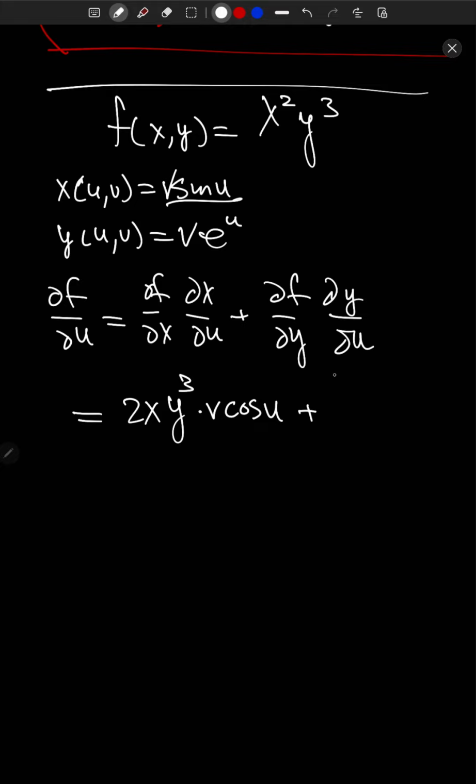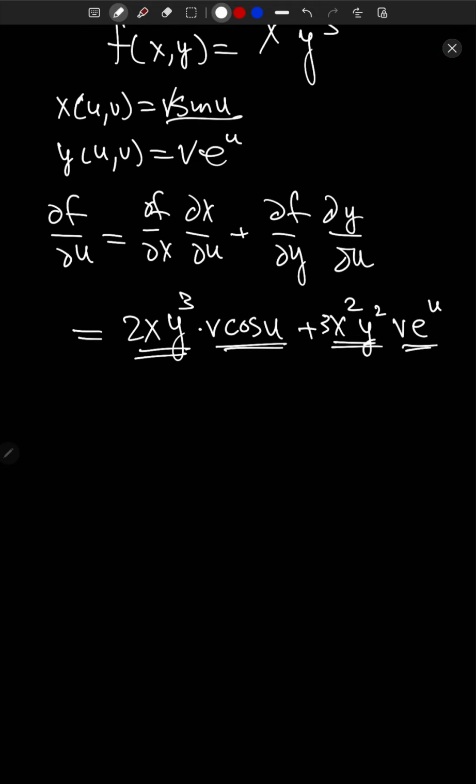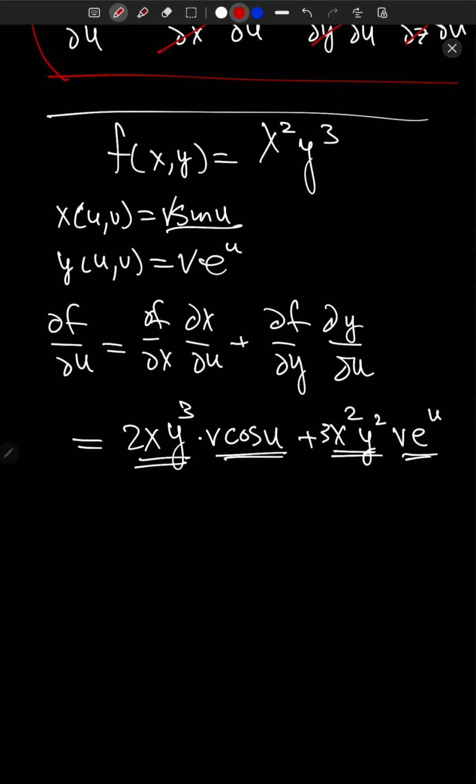And then df/dy is going to be x squared times 3y squared, and dy/du is going to be v e to the u. So these are my individual terms. Again, this is a mix of x's and y's, but if you did want to convert everything to u's and v's, there's your instructions right there.